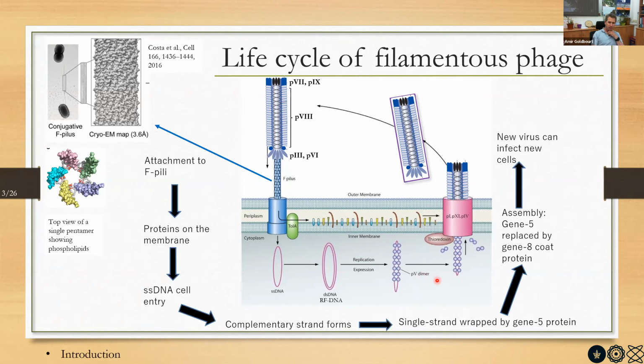When the concentration is sufficiently high, then this gene 5 will attach to the single-stranded DNA, in what is called the rolling circle mechanism, and take this single-stranded DNA to the cell membrane to assemble a new virus. These P8 proteins are actually in the membrane, and they attach to the DNA, and the gene 5 just goes back into the cell, and this process repeats itself.